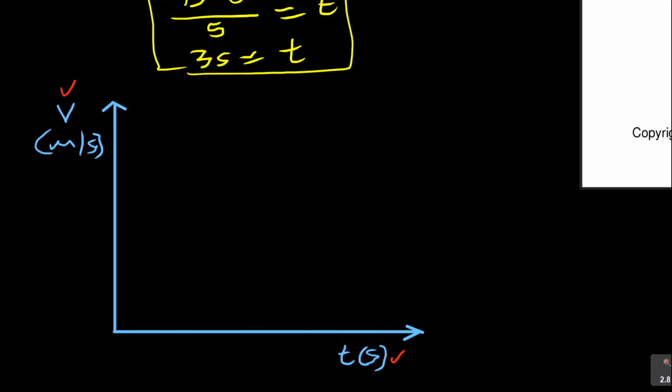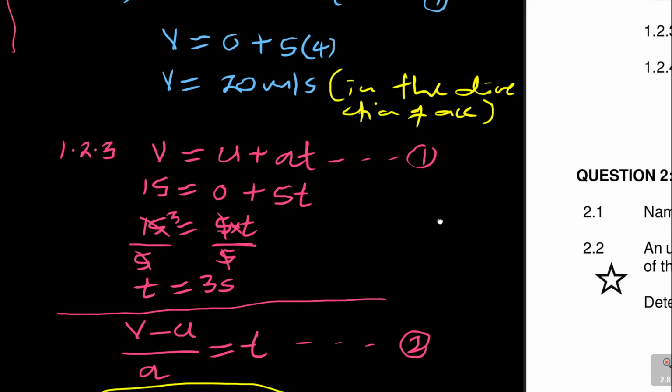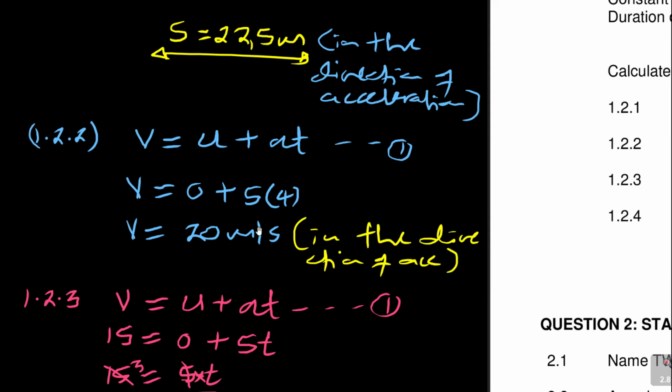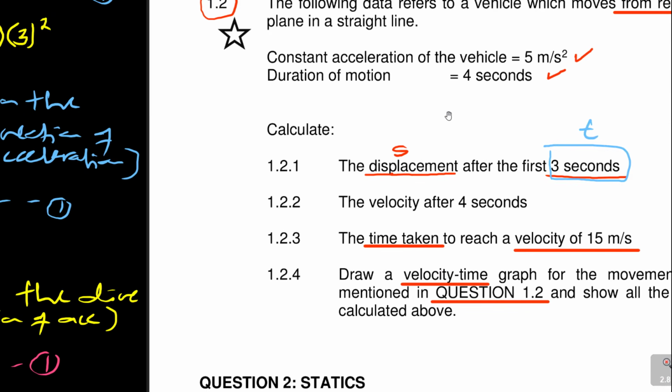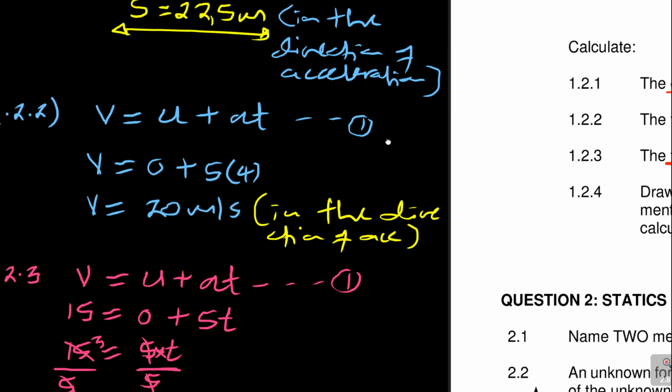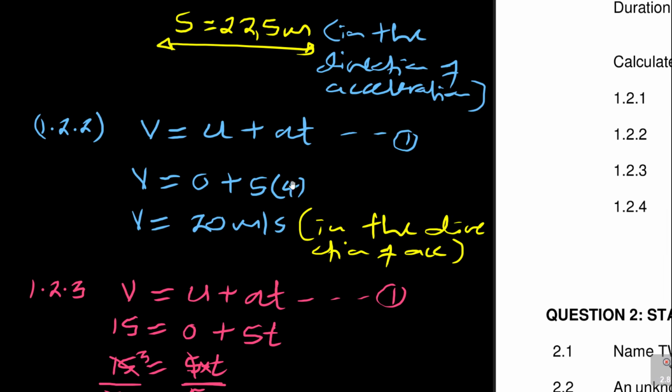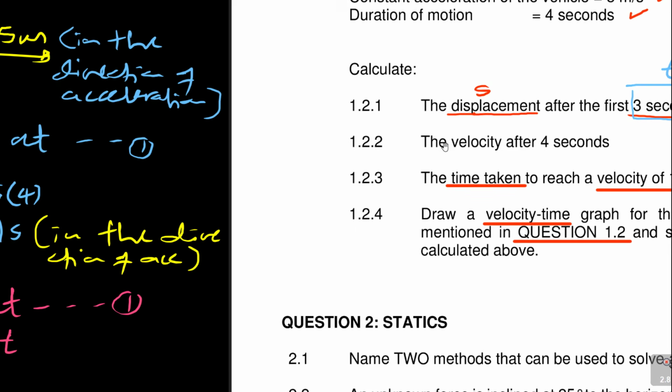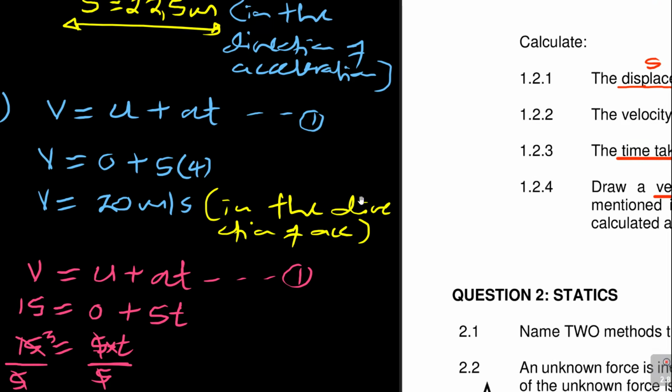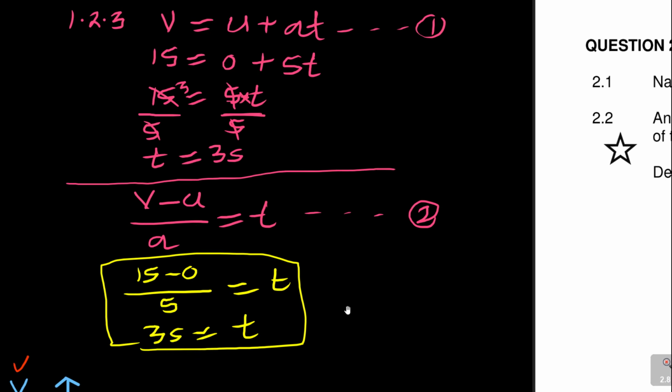Are you with me? Then you can divide your line into equal parts, say 1. Let's look at the velocity that you calculated. It was 20 meters per second, because they said after 4 seconds. Duration of the motion was 4 seconds, and here you used question 1.2.2, the velocity after 4 seconds. So the 20 meters per second was the highest.